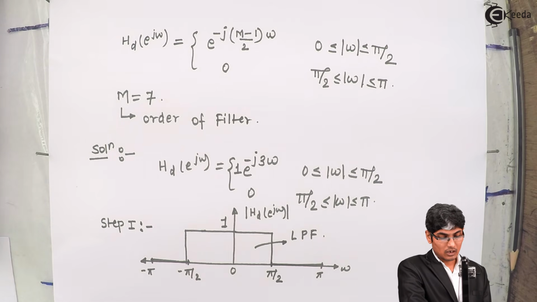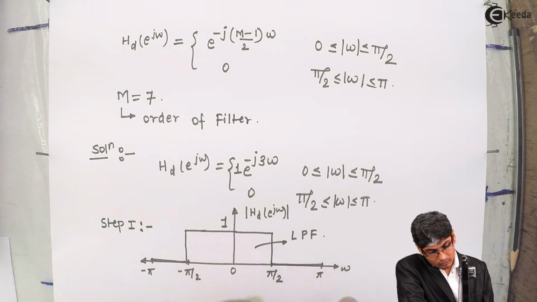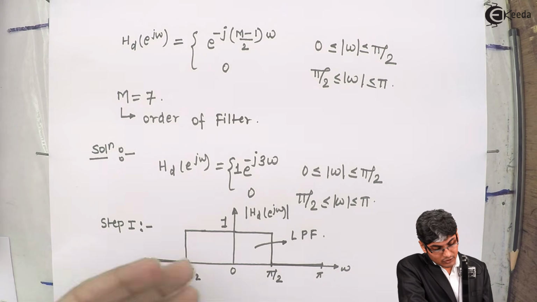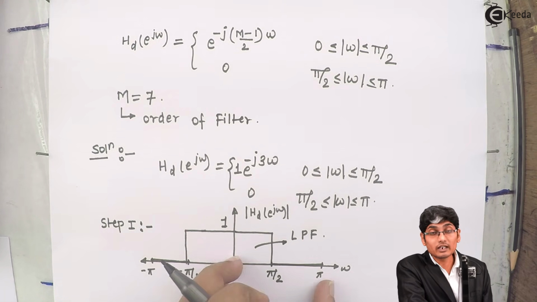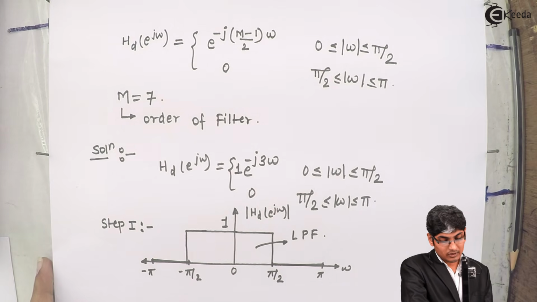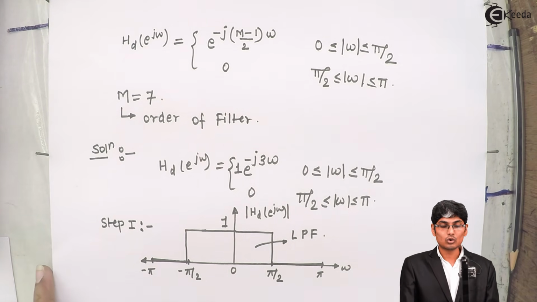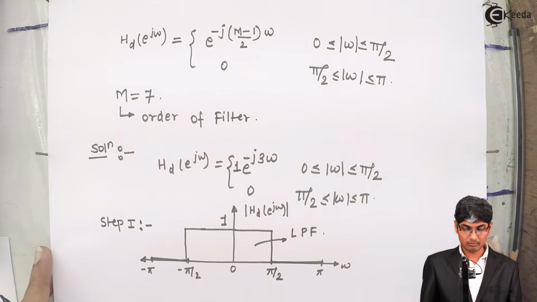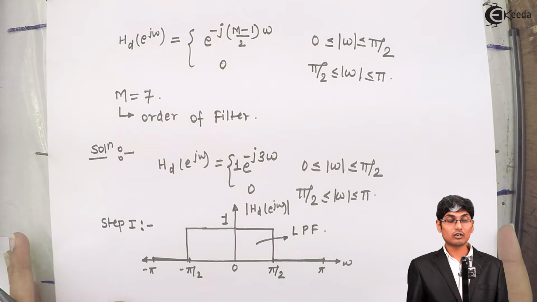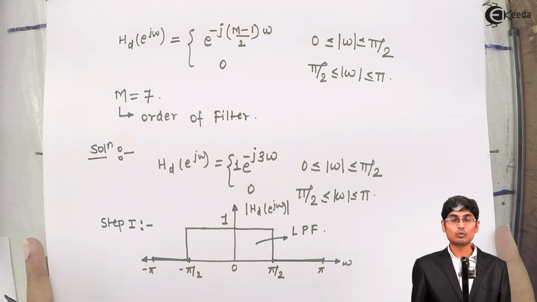Agreed? Now how should I divide this into smaller parts? Let us understand only on one side, or let us shift this and make the whole graph on the scale of 0 to 2 pi rather than from minus pi to pi. Let us make it on one side, that is 0 to 2 pi.